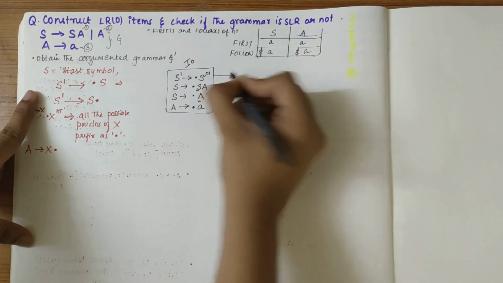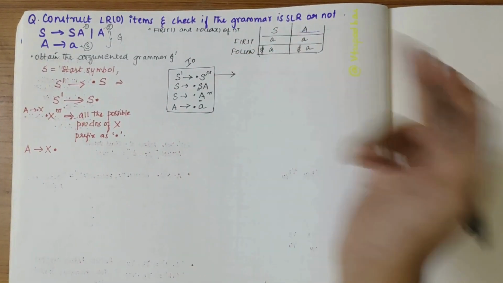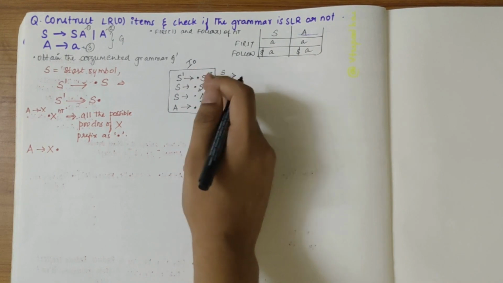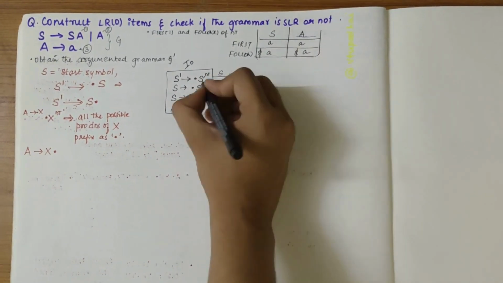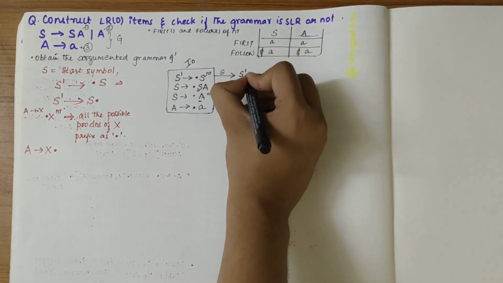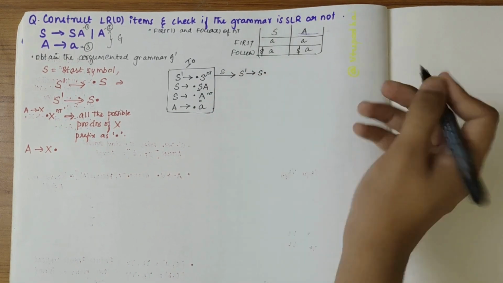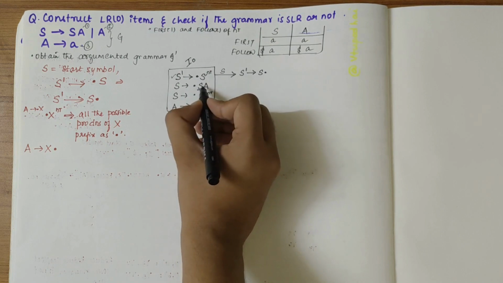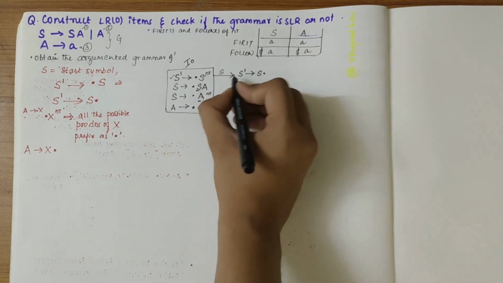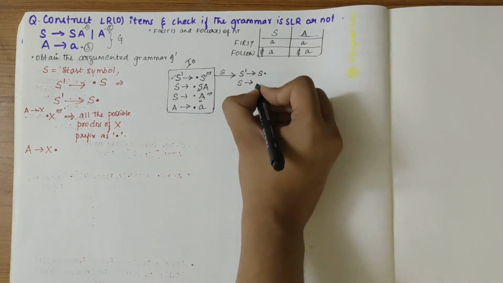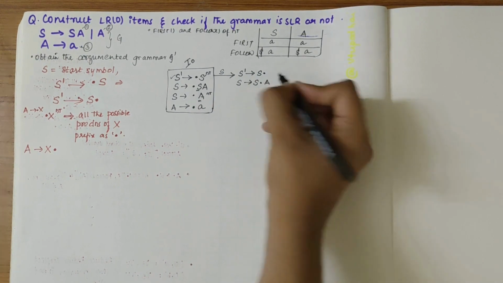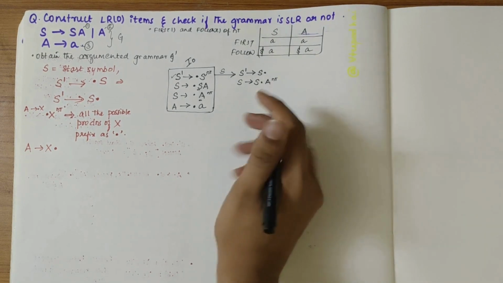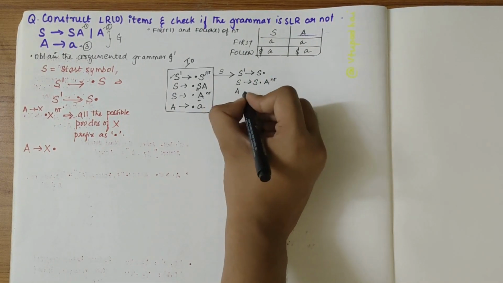Next, my aim is to shift this dot to the end in each production. So over S, I can shift this dot over S. So I'll write S here, and I'll get S dash derives S dot. So this is done. And in this production, the dot could also be shifted over S. So I'll write S derives S dot A. A being a non-terminal, I should write all the possible productions of A with dot as its prefix.